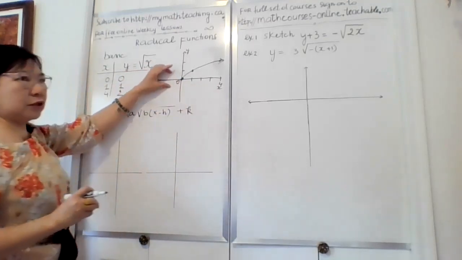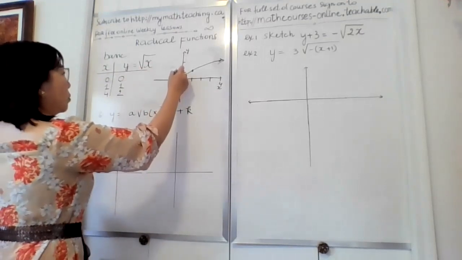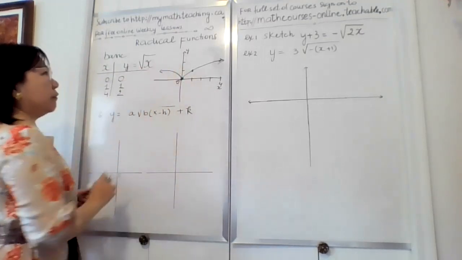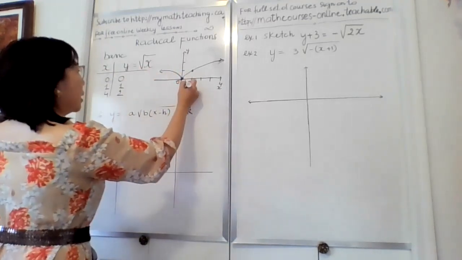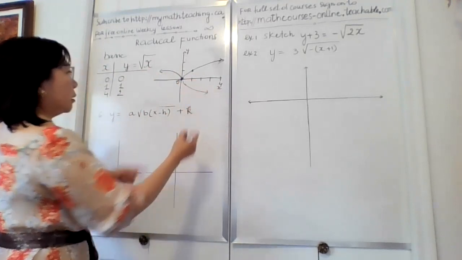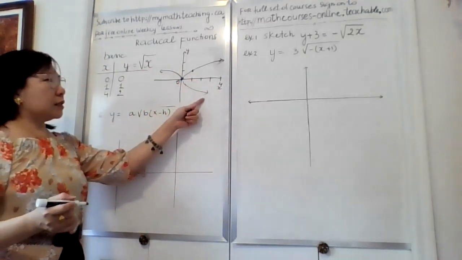However, due to the transformation of the radical, we might have the radical this way if a reflection over the y-axis. Or we might have the radical that way if a reflection over the x-axis.